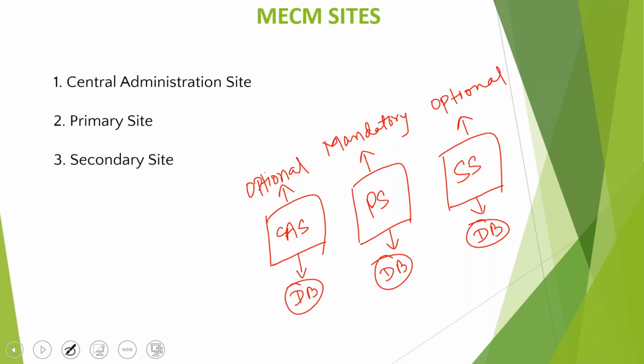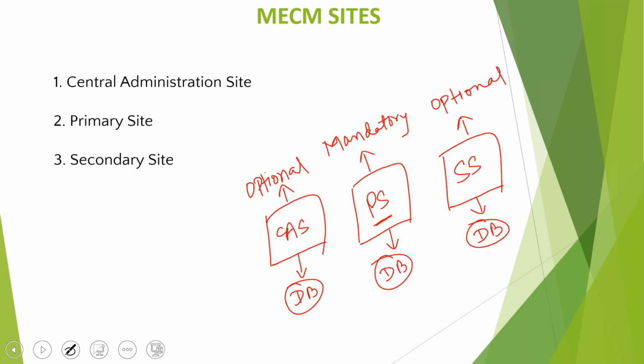May or may not have depends on the organizational geographical expansion. If it is a small organization, we will go with only one single primary site server. If it is a medium size organization, we will go with primary plus secondary. And if it's a big organization, we will go with central administration site server plus primary plus secondary.